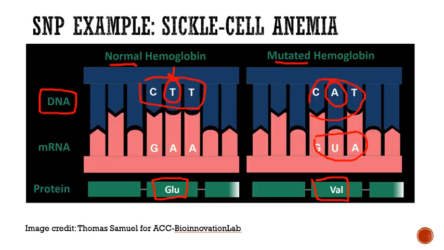If someone has both copies the same, that would be called homozygous, so the same. They could be homozygous for the normal or wild type, or they could be homozygous for the mutated or variant. Or they could be heterozygous, which means that they have 1 copy of each.